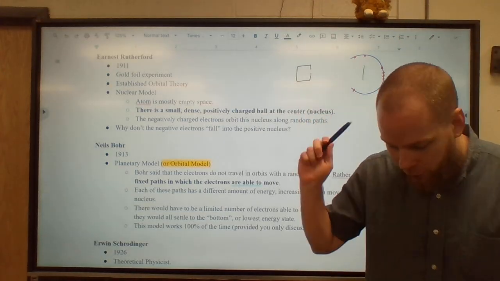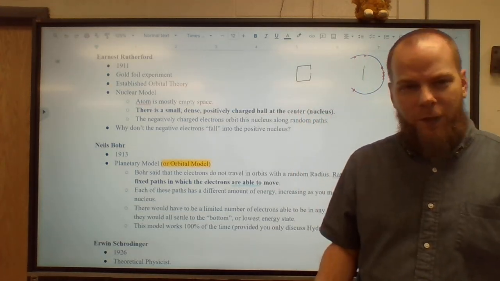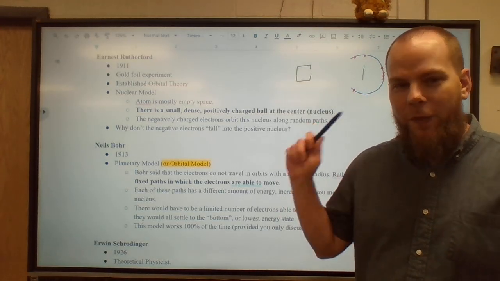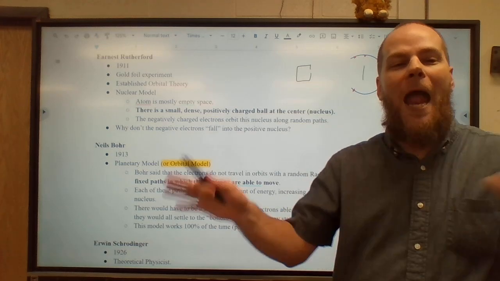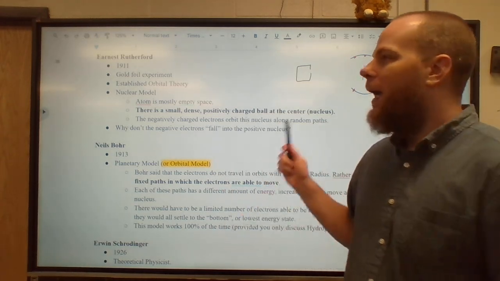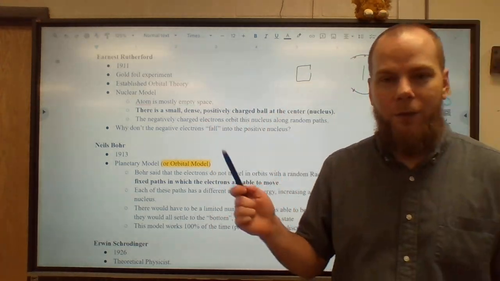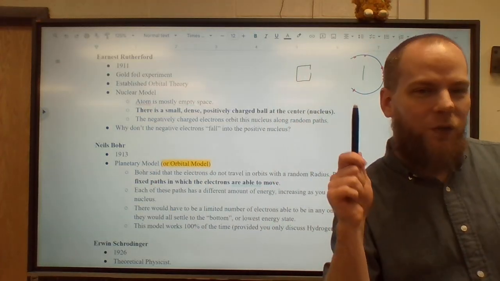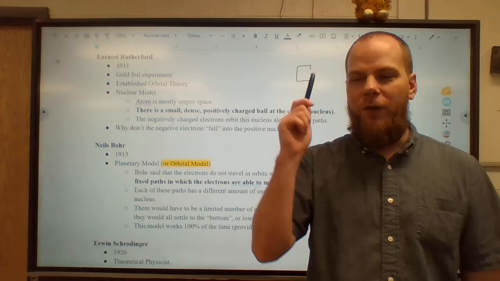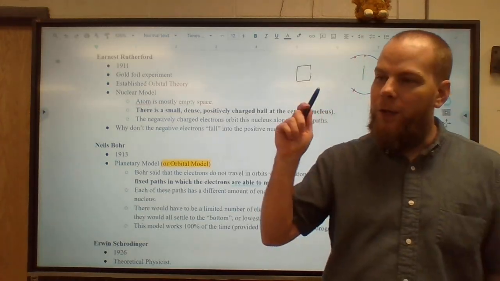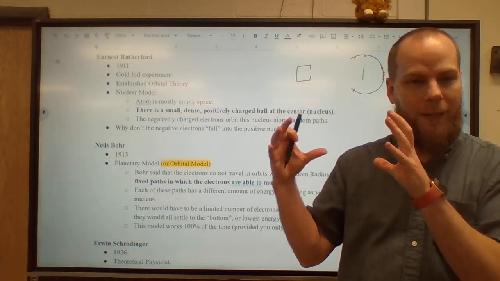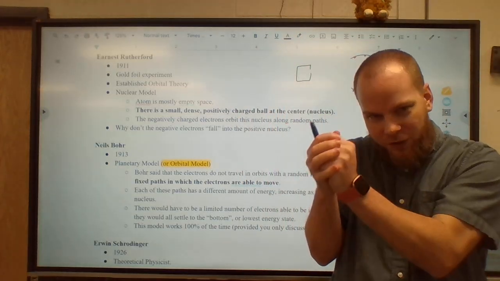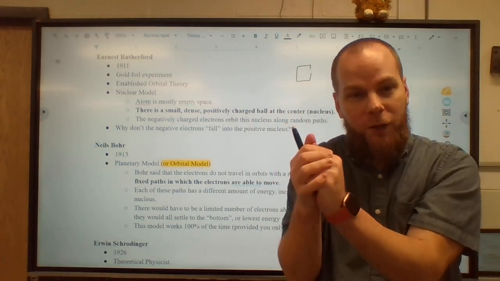And Chadwick, the assistant, and I don't remember who the other one was, but Chadwick was one of the assistants, and he's like, that's not possible. This cannot be happening. And he came up with the idea for the nuclear model. He said the only way this is possible is if all that positive matter, instead of being spread throughout the atom, is concentrated in the center at the nucleus.